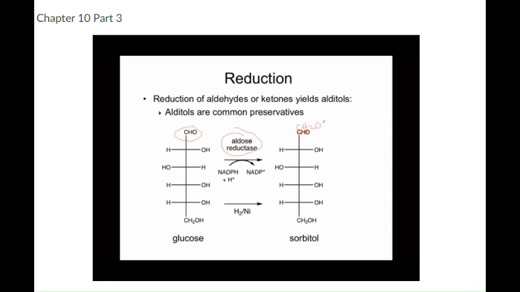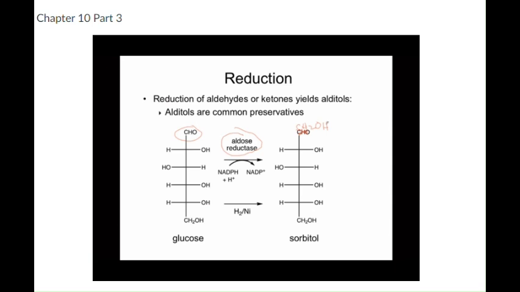This should be CH2OH. This molecule is known as sorbitol, a very common ingredient in things that you want to preserve by having water associated with it. So chewing gum, very often, in order to hold on to the small amount of water that's in chewing gum so it doesn't become desiccated, sorbitol will be added.